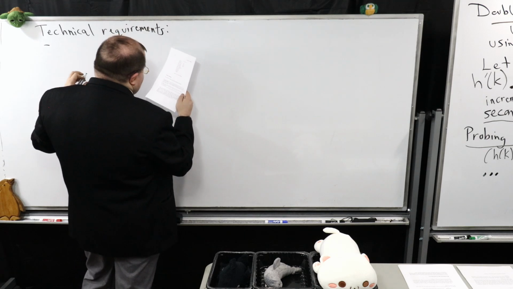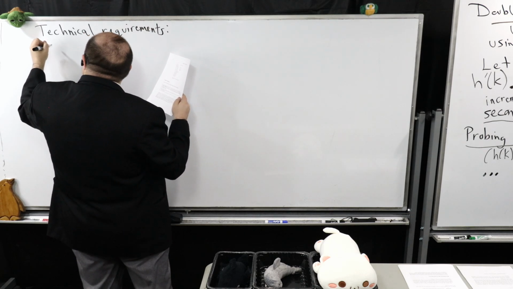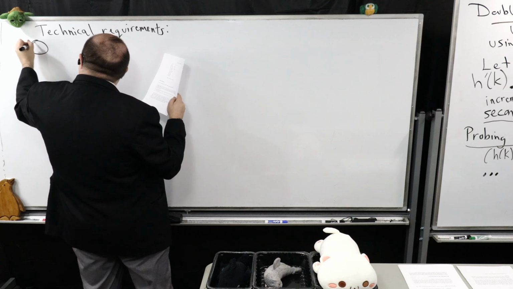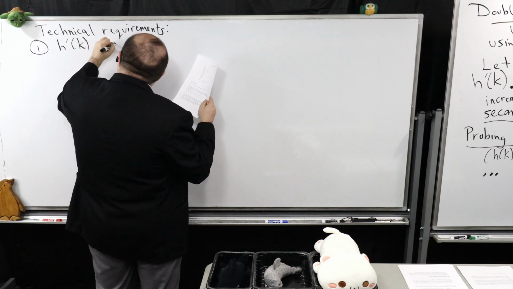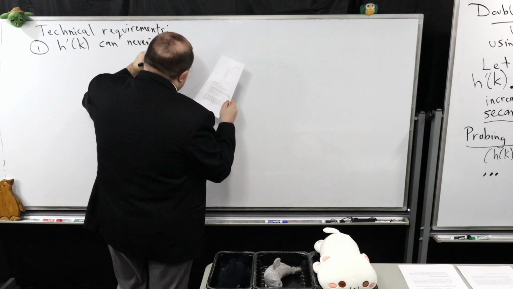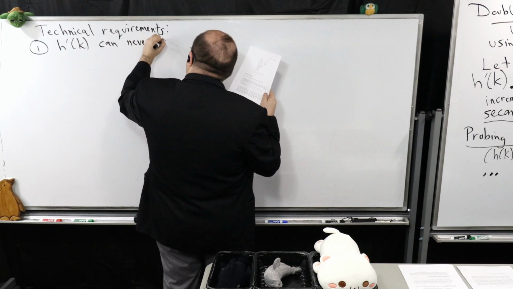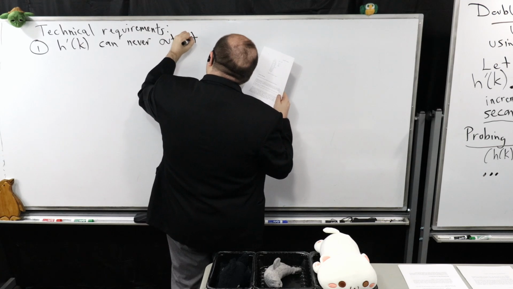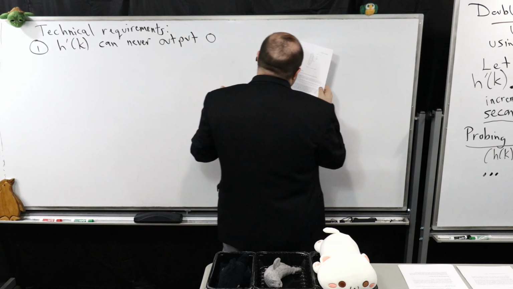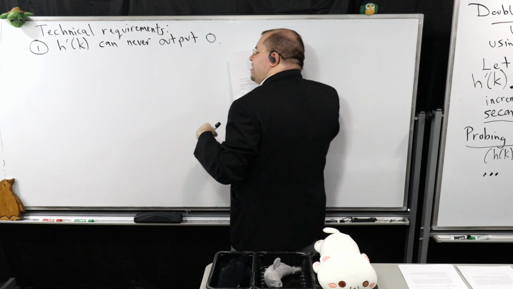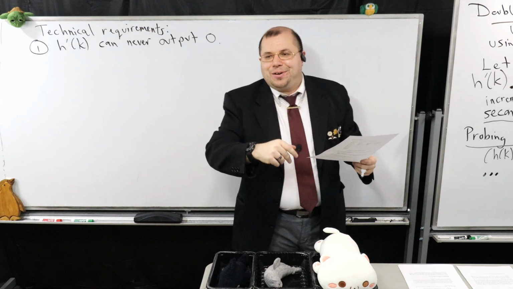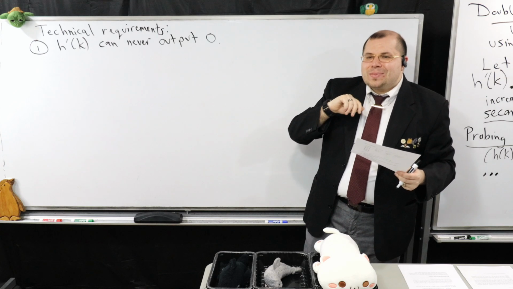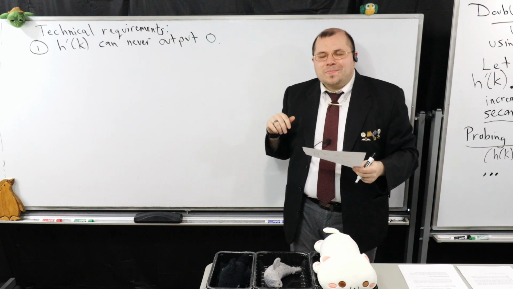So the first one is that, actually I'll use numbers, H prime of k can never output 0. Does anybody have any ideas why we cannot have h prime of k spit out a value of 0? Any ideas?